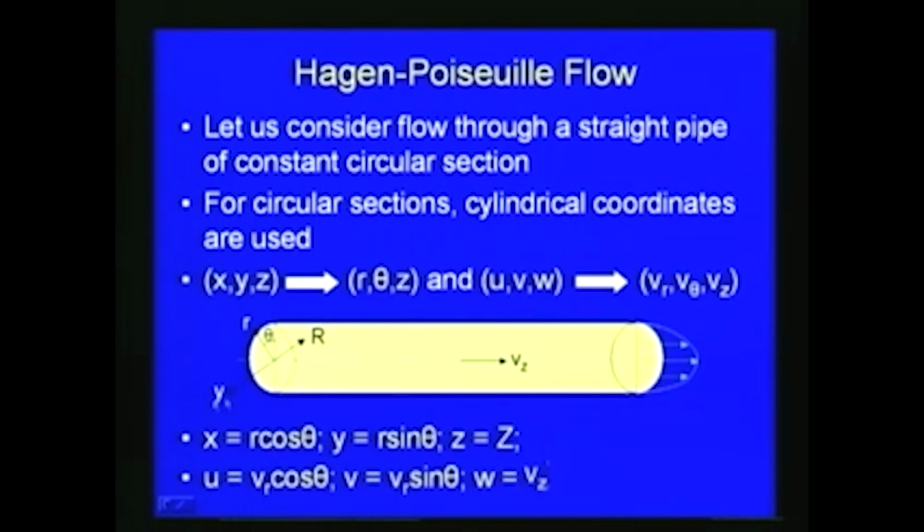So this is the problem structure to which we are trying to apply the Navier-Stokes equations to get an exact solution for flow through pipes, which is steady state flow, that is Hagen-Poiseuille flow.